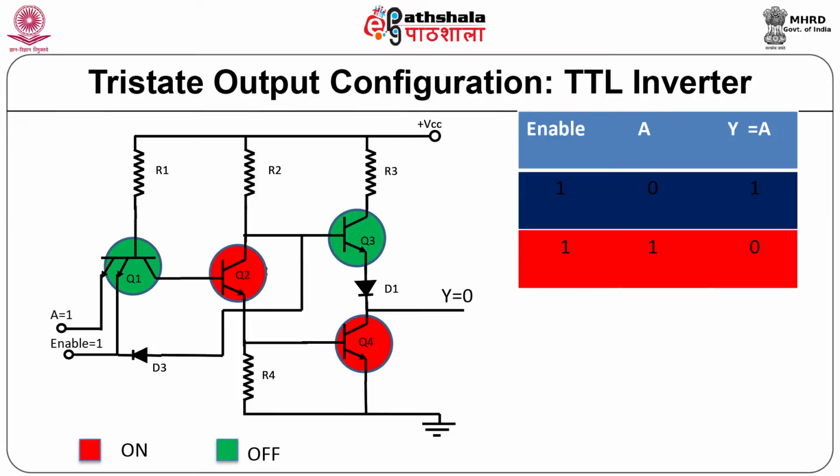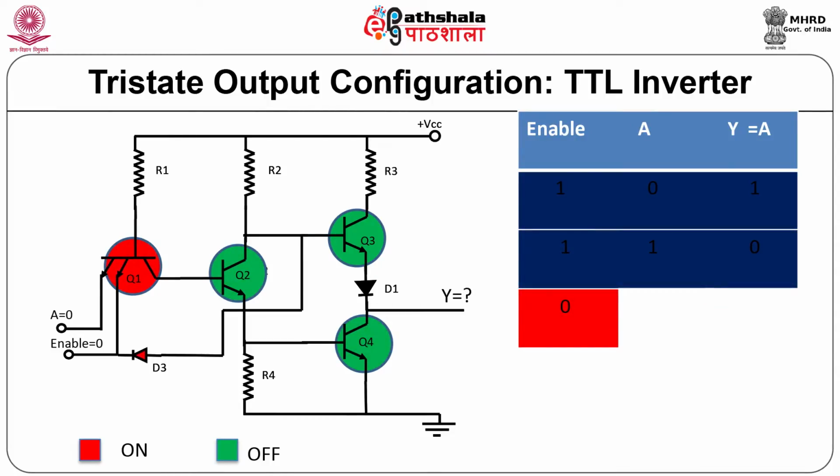Now, let us see how it works if the enable is 0. When the enable is 0, diode D3 is forward biased, so it will be on. If input A now is logic 0, this will make the transistor Q1 on, which makes Q2 off. But because enable is 0, Q3 is also off and Q4 is also off.